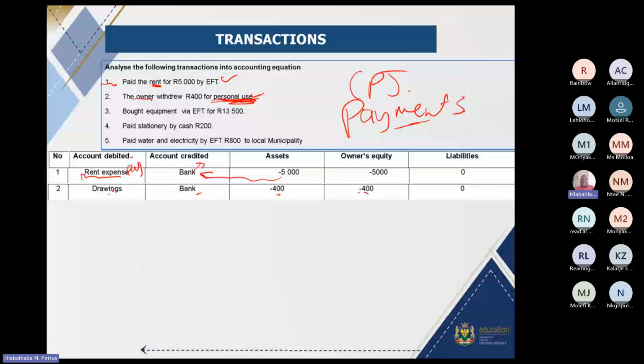Let's move to the next one. The third one: bought equipment via EFT for 13,500. The analysis is always bank on the credit side because we are paying. So we credit the bank, and then we debit equipment because we are buying equipment. Unfortunately, here it is a mistake.